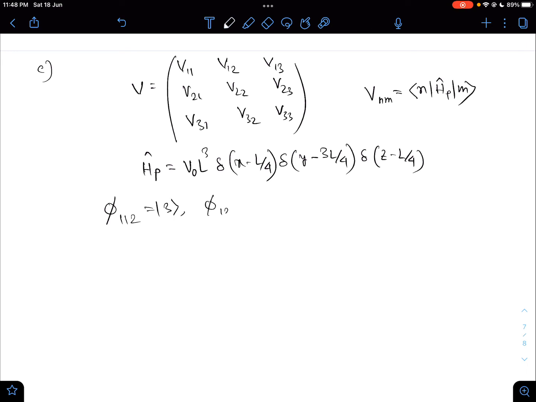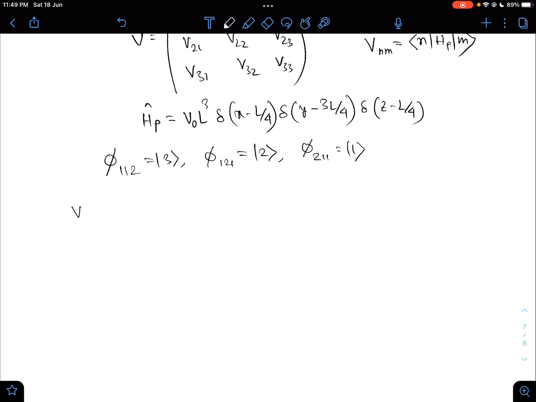Phi 1 2 1, this we will write down as 2, and phi 2 1 1, this we will write as 1. So what will be our V11?